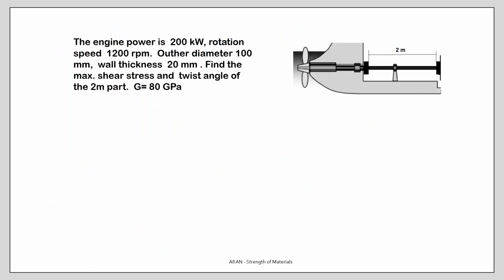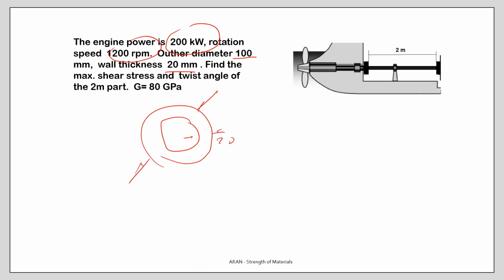Another problem: an engine power is 200 kilowatts and rotation speed is given. Here the shaft's dimensions are given. The outer diameter is 100, the wall thickness is 20, so it means that the inner diameter should be 60.